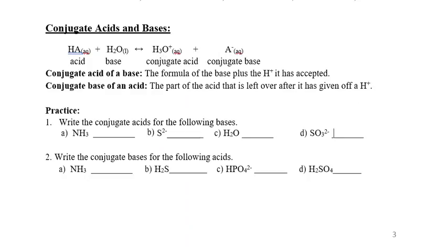So the conjugate acid of a base: you just write the formula of the base and add the hydronium ion that it has accepted. The conjugate base of an acid is the part of the acid that's left over after it's given up its hydronium ion. So go through and write out the conjugate acids for the following bases. These are bases, so they are all going to be receiving a proton. And then write out the conjugate bases for the acids. These are all going to be donating protons, and I'll let you do that.